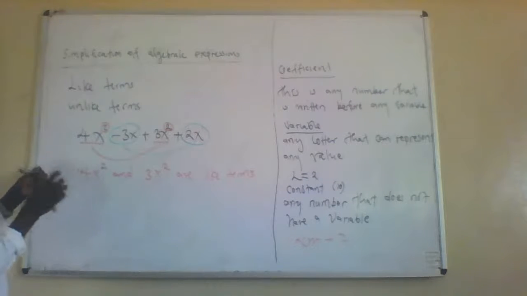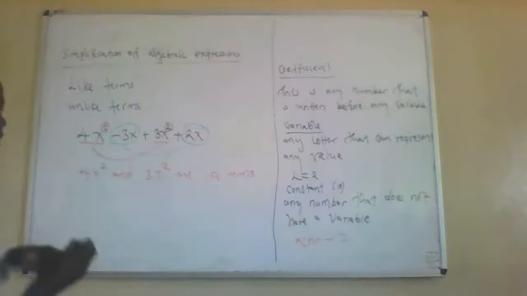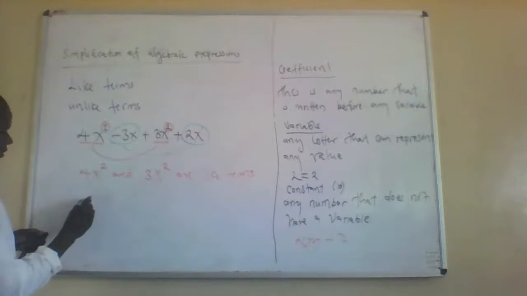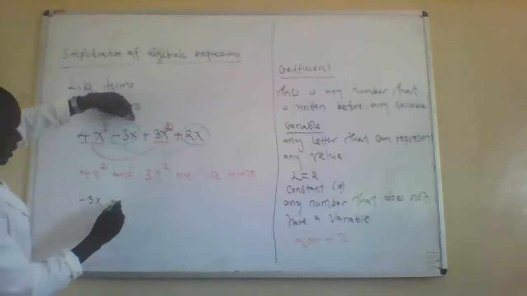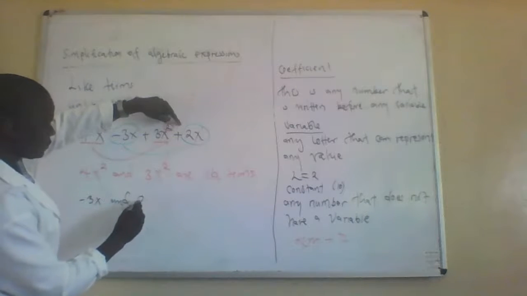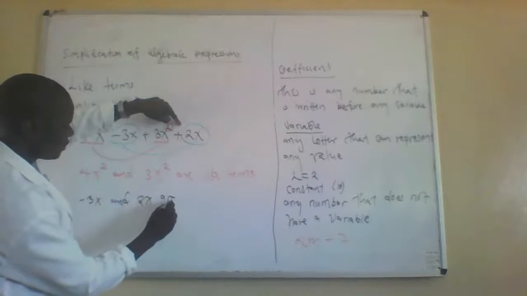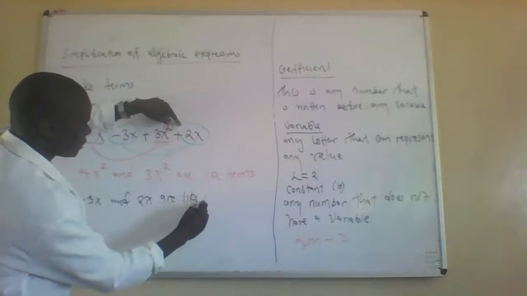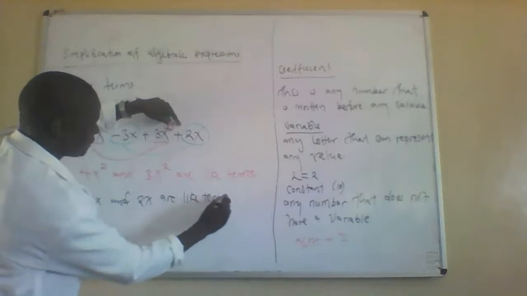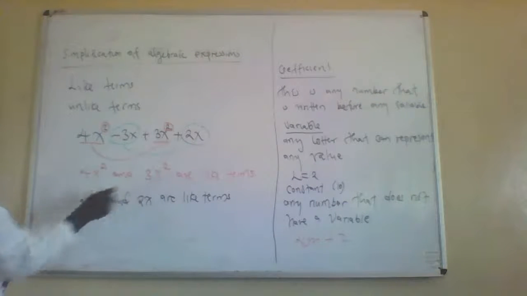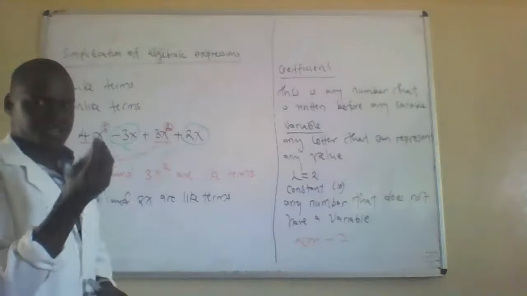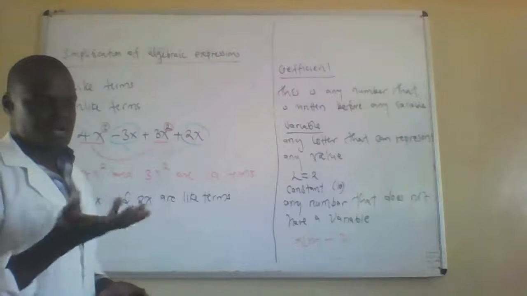What other like terms do we have? The other like terms that we have are negative 3x, with the x having the power 1, and the 2x, which are also like terms because they have the same variables as well as the same powers. So the coefficient on the variable does not matter.